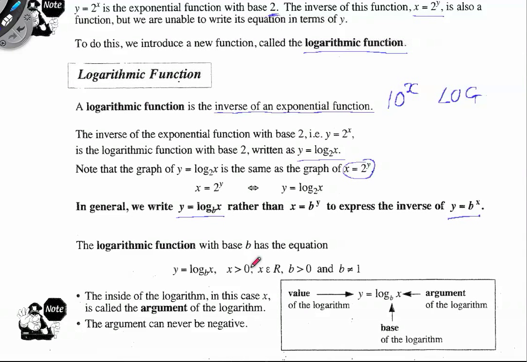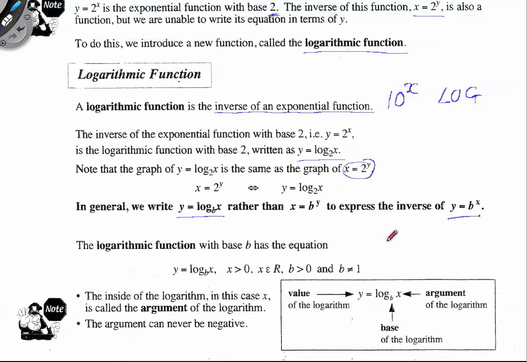Well, no, actually, just for this particular equation, I believe x has to be greater than 0, where all values greater than 0 can be members of the real number set. B has to be greater than 0 always, whatever the base number is. And B cannot be equal to 1. That's one restriction for the base.